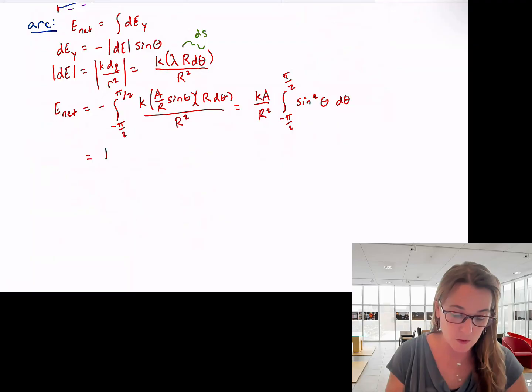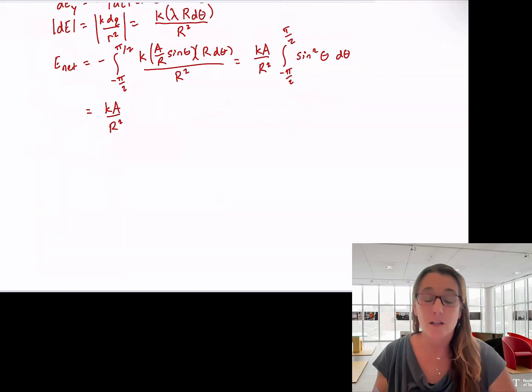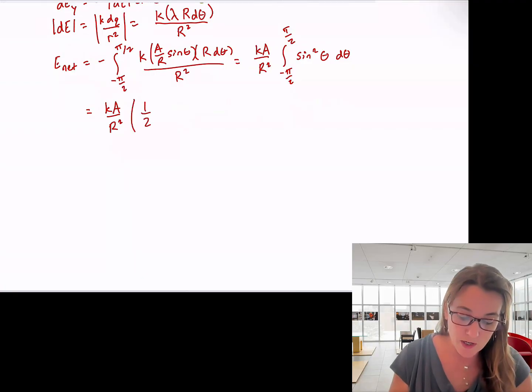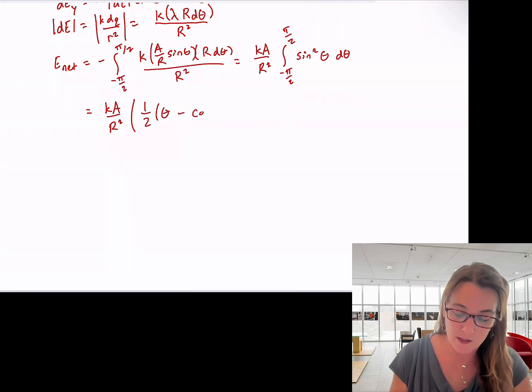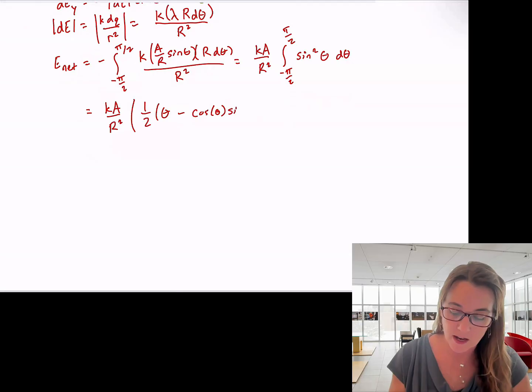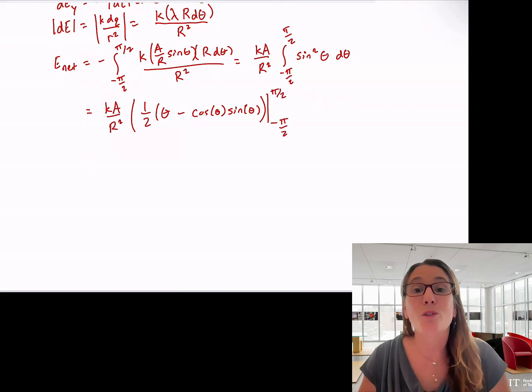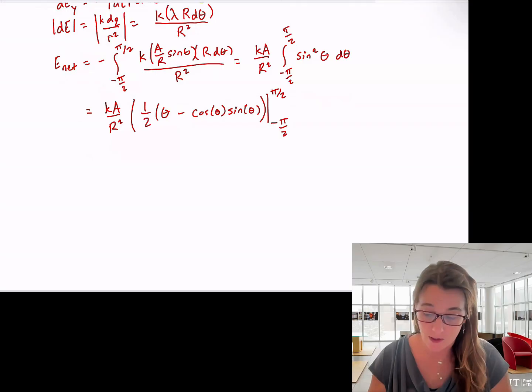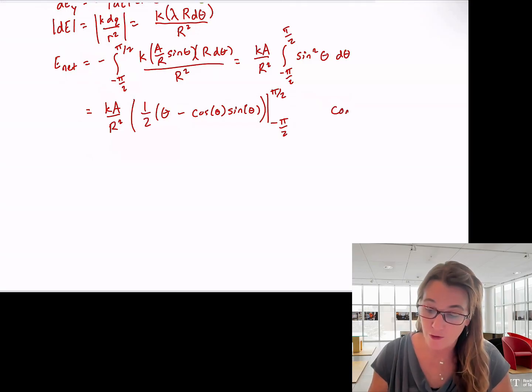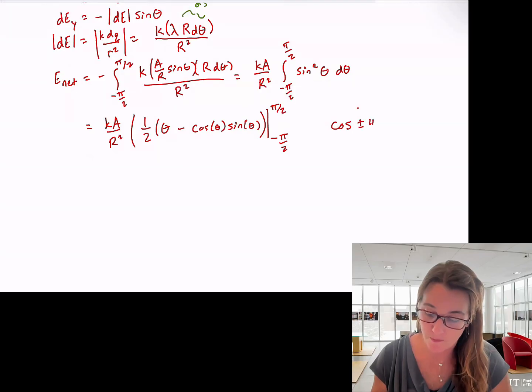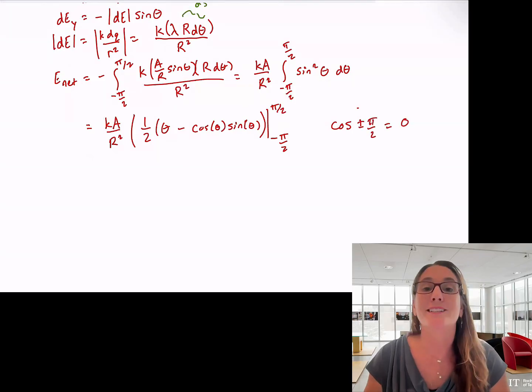So this is going to be equal to Ka over R squared, and then sine squared theta evaluates to 1/2 theta minus cosine theta sine theta. And then we're going to evaluate that from negative pi over 2 to pi over 2. Luckily, we can see that this isn't that messy because the cosine of plus or minus pi over 2 is just going to be equal to 0.